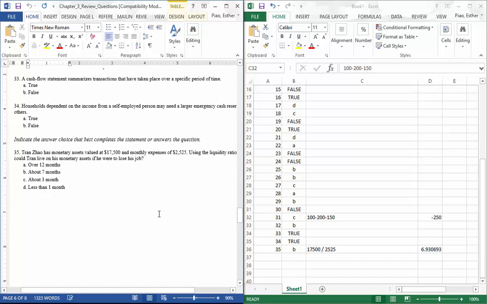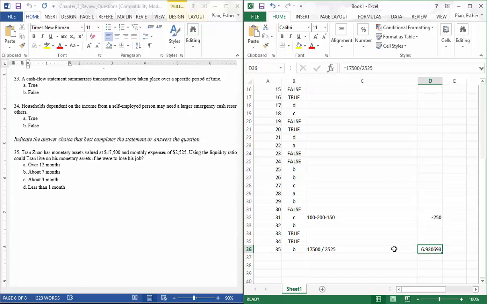This is a kind of classic question in the context of liquidity ratio. You divide his total monetary assets by his monthly expense, and we can come up with a number of 6.9, as written here on the right hand side of the screen, 6.930693.